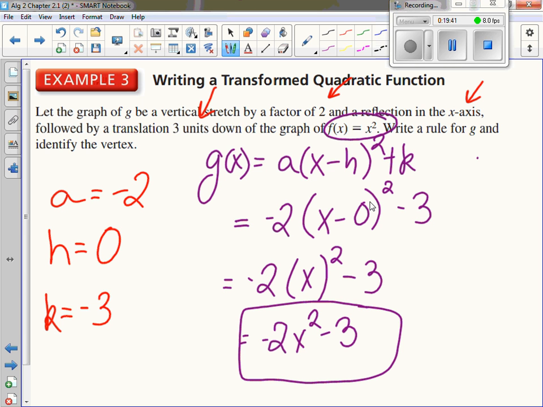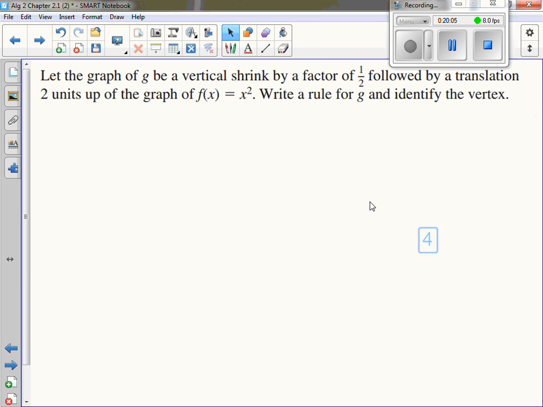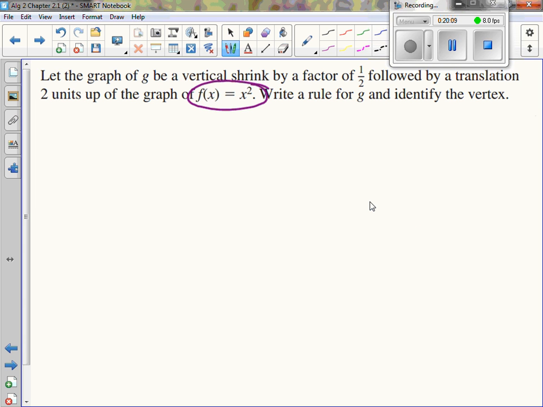And that's it. Now, when we just have the function being x squared, that's the only thing that's there, we can use this here. We can plug in A, H, and K and simplify down. And that's the answer. So again, we just have f of x equals x squared.